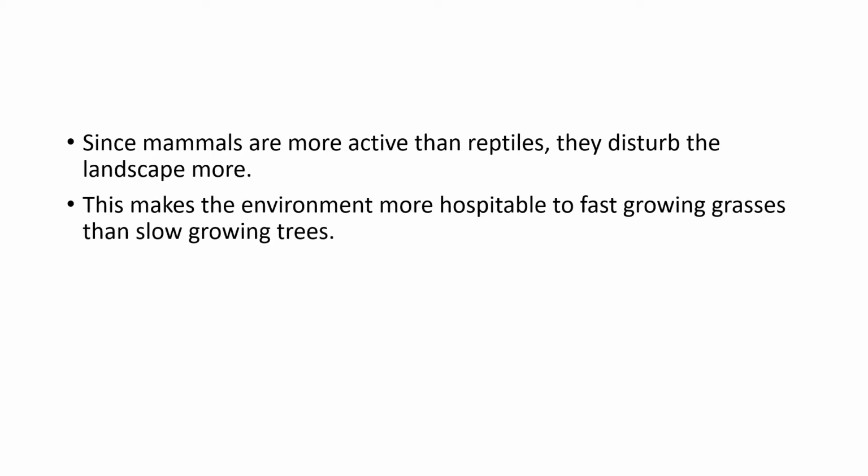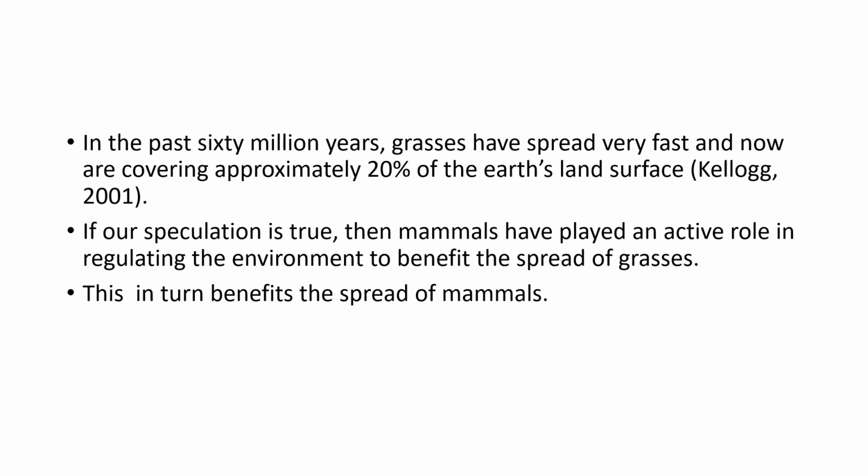Since mammals are more active than reptiles, they disturb the landscape more. This makes the environment more hospitable to fast-growing grasses than slow-growing trees. In the past 60 million years, grasses have spread very fast and now cover approximately 20% of the Earth's land surface.